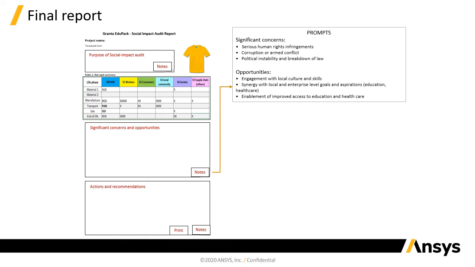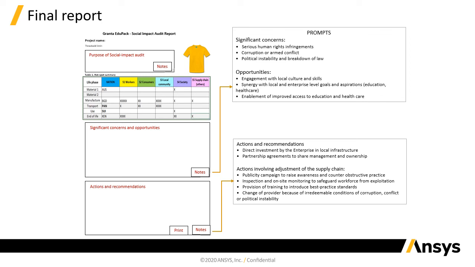But we also encourage very much to look at opportunities, so what it means for potential social investments in this region, like engagement with local culture and skills, capacity building, synergy with local enterprise and governance, enabling of improved access to education, healthcare, etc. In terms of action recommendations, it also depends on the significance of the social impact and what is possible to do in this region.